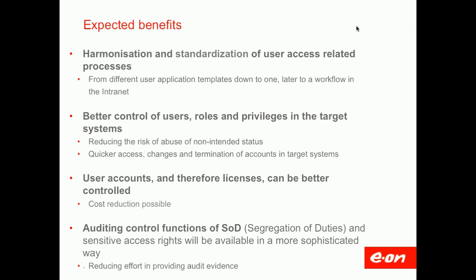With roughly 150 applications in scope from a risk point of view, in scope for user access management, and at the current point in time 1,300 employees, 1,300 users, you can imagine that tracking license costs, managing license costs and reducing them over time is quite an effort.